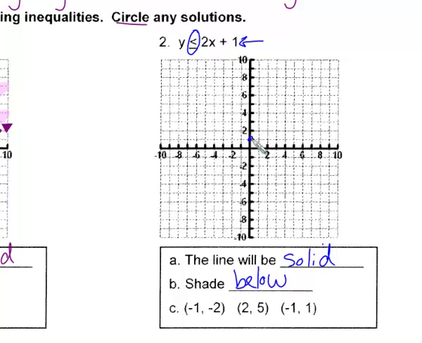So I'm going to plot that point first. My slope is 2, so it's 2 over 1. So I rise 2, I run 1. Rise 2, run 1. Go ahead and do that down here also. So I have a solid line that I'm going to use to graph this.